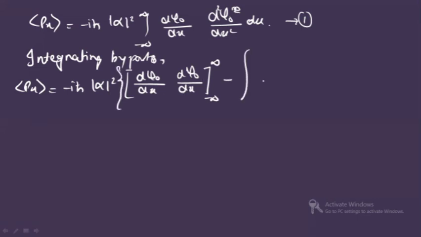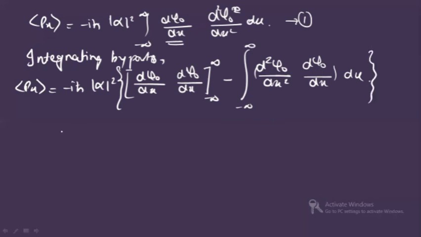This I'm putting in a curly bracket, okay? So you will have d/dx of u. So d/dx of u means what? d/dx of this term. So it is what? d²ψ₀/dx². Again integration of v. So you will have what? dψ₀/dx, and the integration of this entire term once again. Clear? Limit is what? Minus infinity to plus infinity. And the curly bracket ends here.